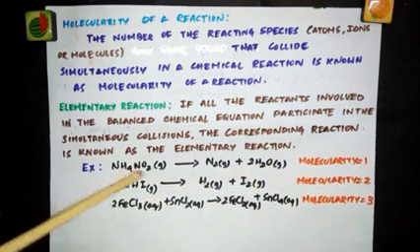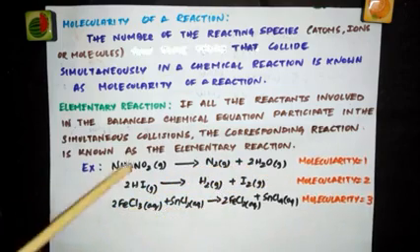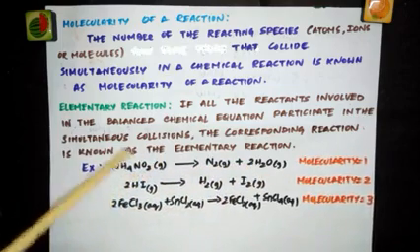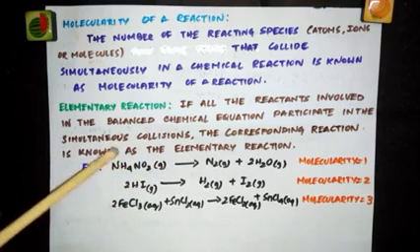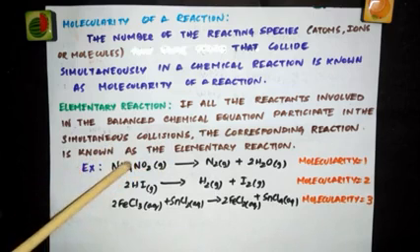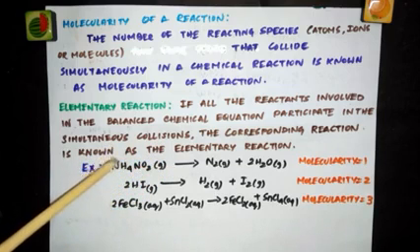For example, NH4NO2 gas giving you N2 gas plus 2H2O gas. Here the reacting species is NH4NO2, so this reactant is involved in the simultaneous collision. Then we call this an elementary reaction.